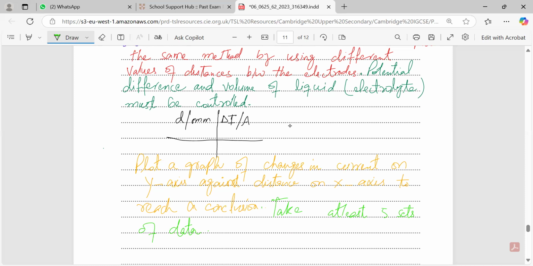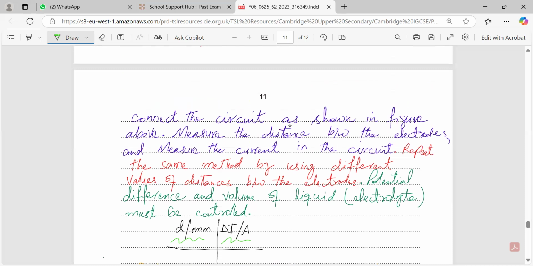And again, the most important thing in this question is to first identify which one is the independent variable and which one is the dependent variable. Even when we are writing the table, the independent variable comes in the first column, and the dependent in the last if there are more columns. Also, when we are telling the method, measure the distance between the electrodes, which is the independent variable, and measure the current in the circuit.